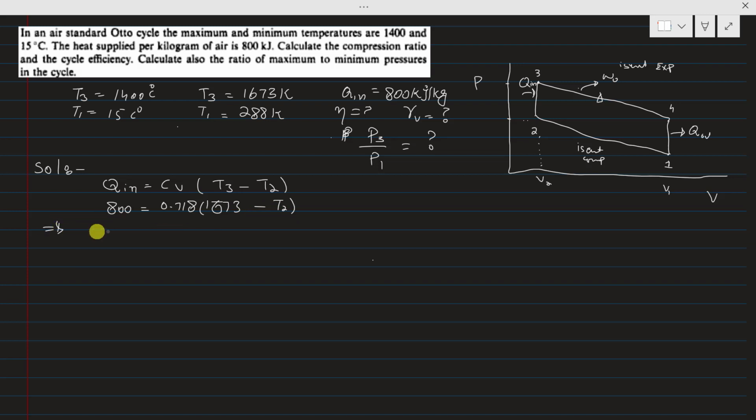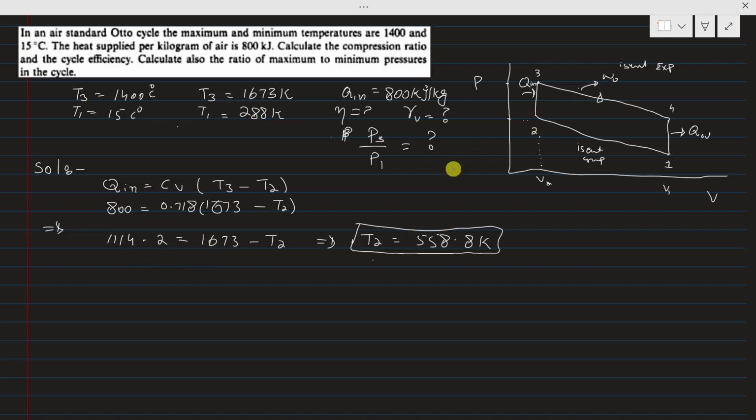After simplification, dividing both sides by 0.718, you get the T2 value, that is 558.8 Kelvin. The maximum temperature T3 has been given, and T2 we calculated from this equation where heat is supplied.